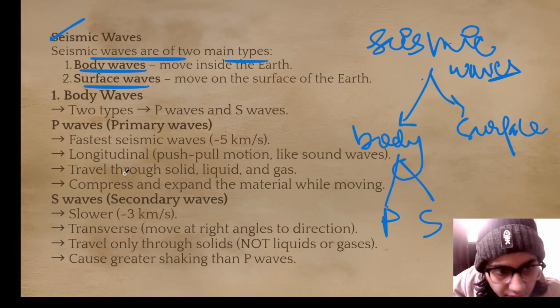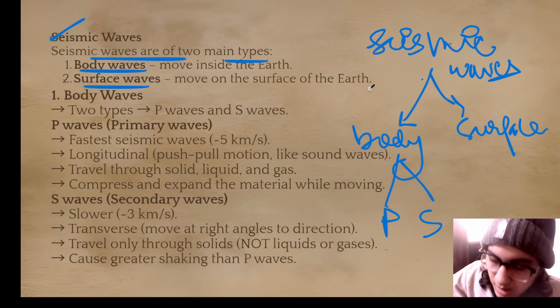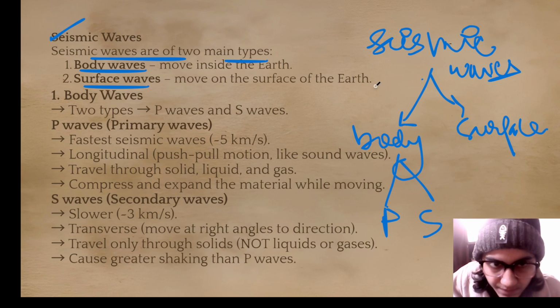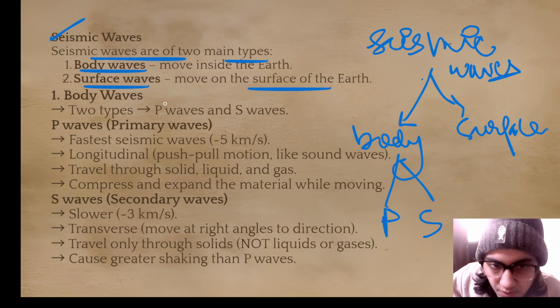Body waves, as the name suggests, move inside the Earth, and surface waves move on the surface of the Earth. So body waves are further divided into these two waves, that is P waves and S waves.